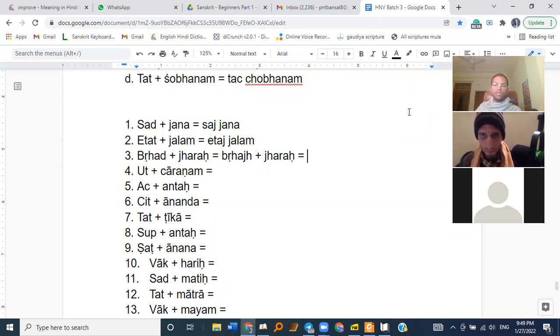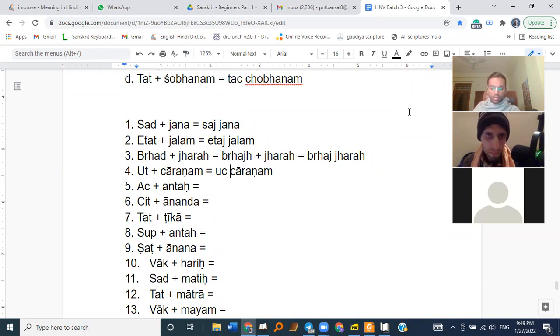Then we apply 61, Vishnu dāsa Vishnu padanti Hari Ghoshe cha Hari Gada, and we get brihaj jharah. Ut yukta charanam. So datau paravarna lachata vargeshu nityam becomes uccharanam.